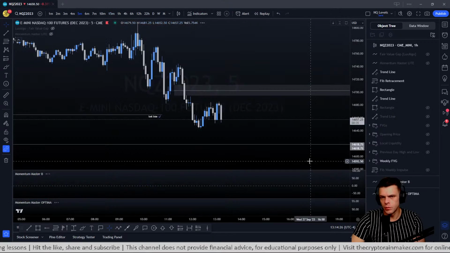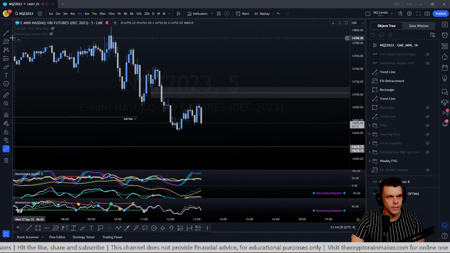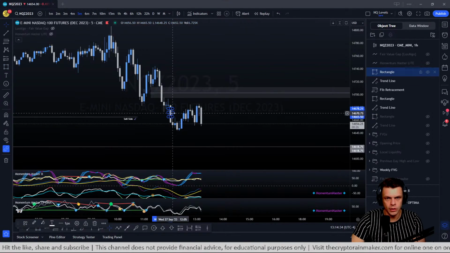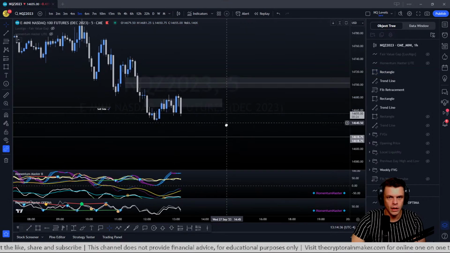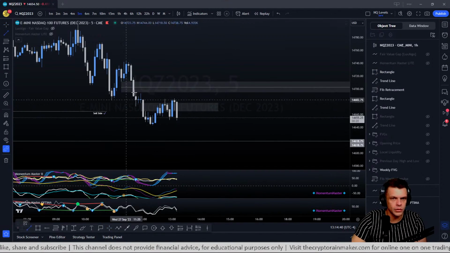Look at the 5-minute. Okay, so on the 5-minute, looks like it is getting rejected right at this imbalance, but it is creating these relative equal highs.